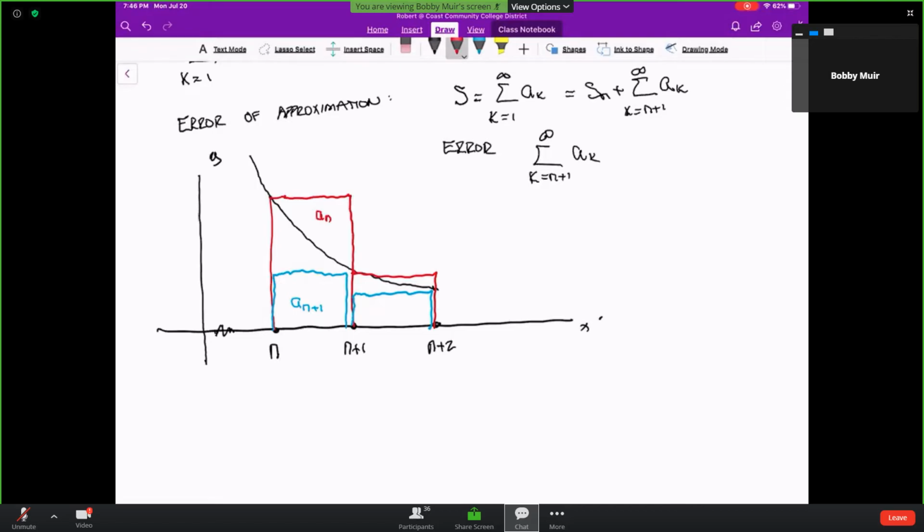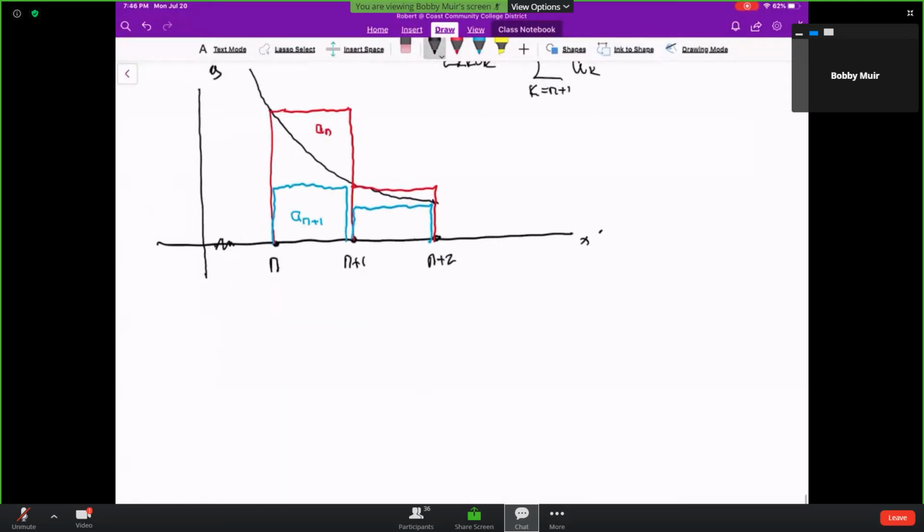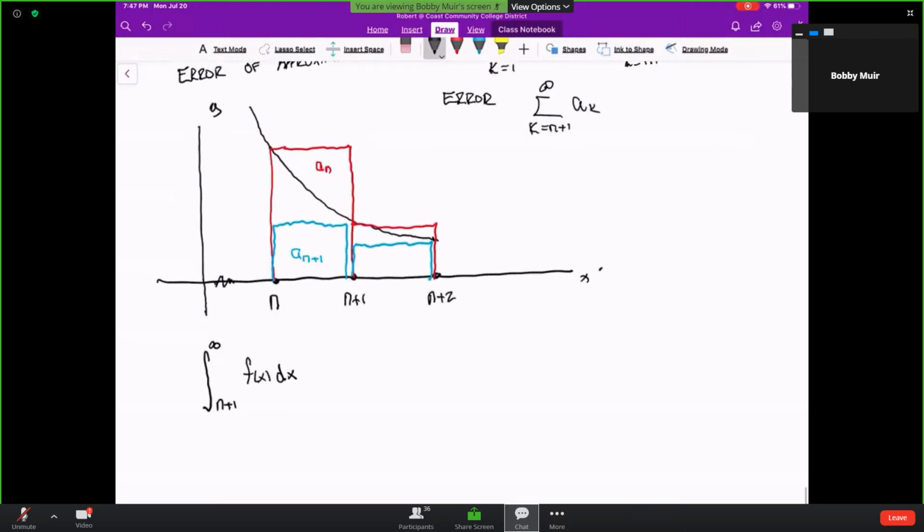Okay, so if we were to look at the integral from n plus 1 to infinity of our f of x dx, I'm integrating from here. This is smaller than this thing.